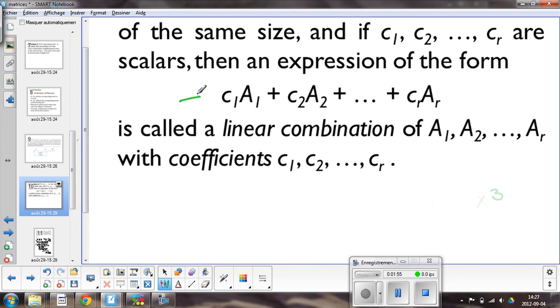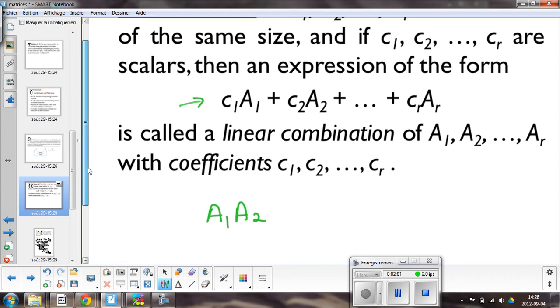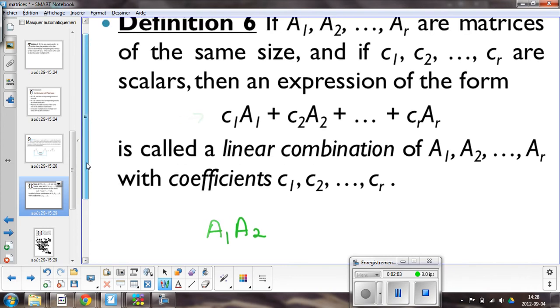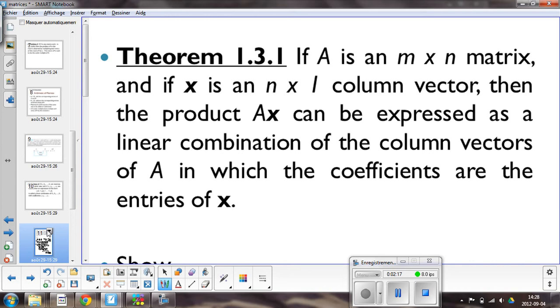And this is kind of similar. I haven't got anything like that. We don't even know if matrix multiplication is defined here, but in any case, we don't care because there's no multiplication of matrices in a linear combination. It's just adding matrices, possibly with a coefficient. Well, there's always a coefficient, but it might be 1. Okay, so this is what a linear combination is.